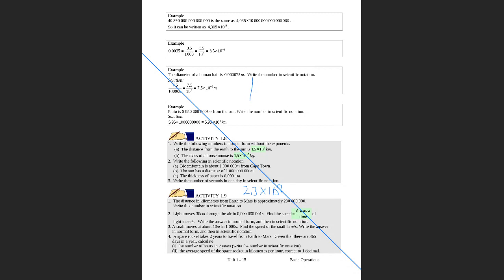Then our next one says that light moves 30. Yes, Maduna, your hand is up. So I wanted to ask, there's rules for the number which is multiplied by 10, and we also have a rule that you always use a base of 10. Is there a particular rule for the exponents, or can it be any number? Can it be 10 to the power of 1,000 or 10 to the power of 2,000?